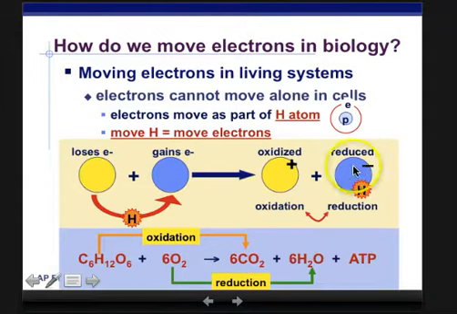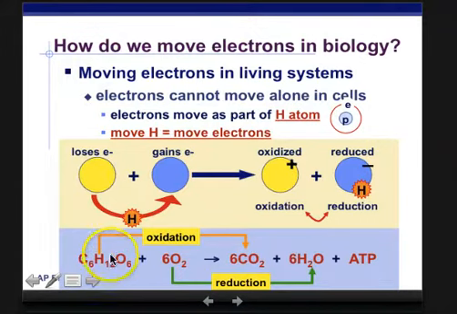And when we reduce, okay, like up in here, it's gaining the electrons, and so this molecule is going to be gaining the hydrogens. And remember that oxygen's the most electronegative atom, and it's going to receive those extra electrons.